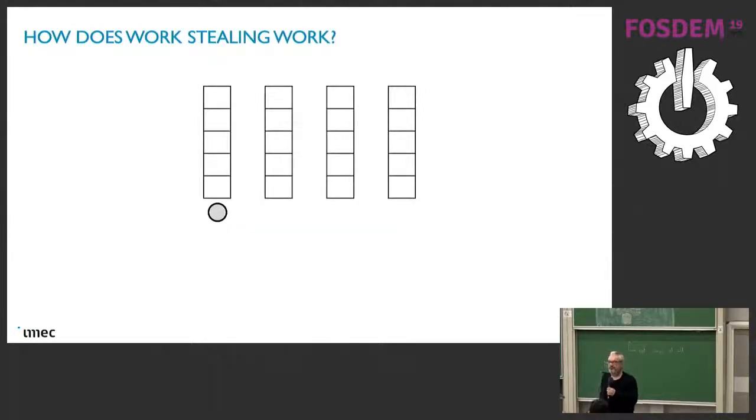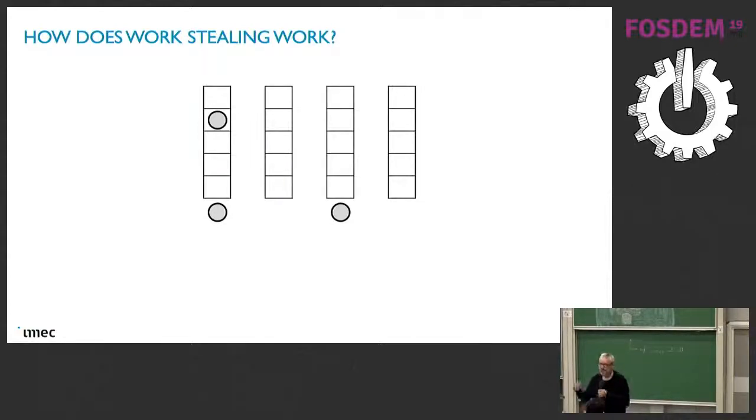Assume you have 4 cores, and one of the cores starts working on creating such a task tree. There's one task which then spawns another task, and at the same time the other cores are just asking each other, do you have any work for me to do? One of the cores will, by chance, pick one of the tasks from one of the other cores and just continue working on that.